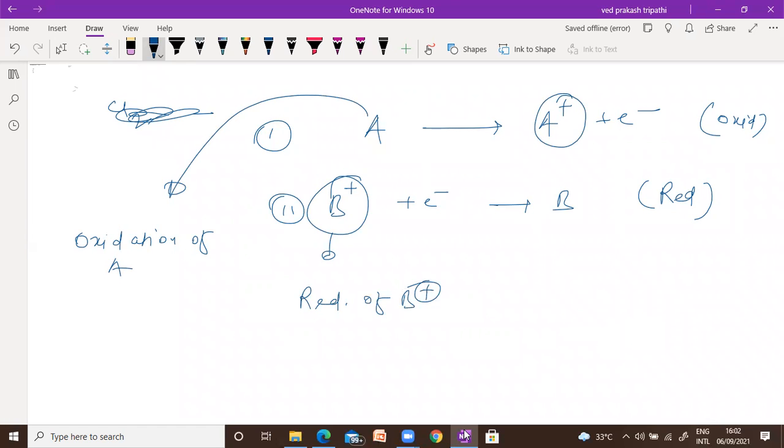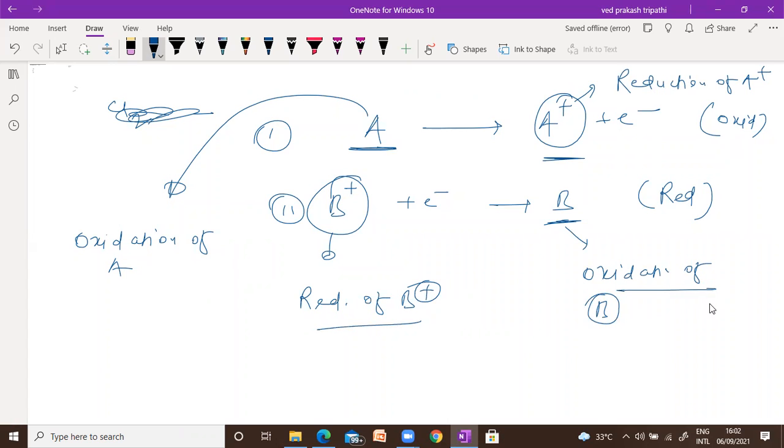So with respect to A plus and B, if oxidation of A is happening, then we can say A plus will be reduced, meaning it is a reduction of A plus. And similarly, it is an oxidation of B, because reduction of B plus, so oxidation of B.